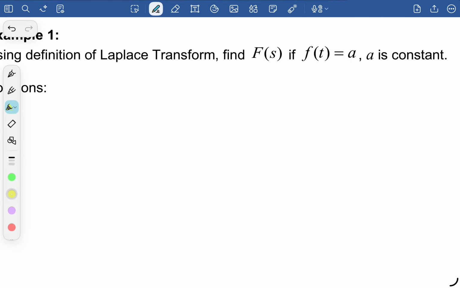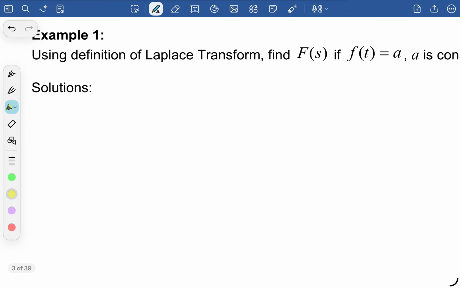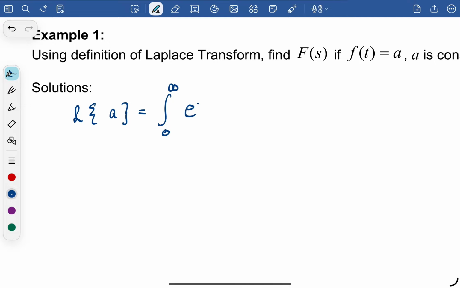So when it is a constant here, by using the definition of the Laplace transform, the formula is like this. The Laplace transform for a is given by the integration from 0 to infinity of e^(-st) f(t). So f(t) here is given by a.